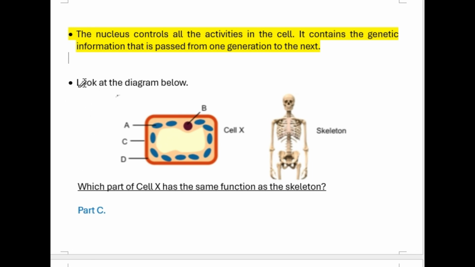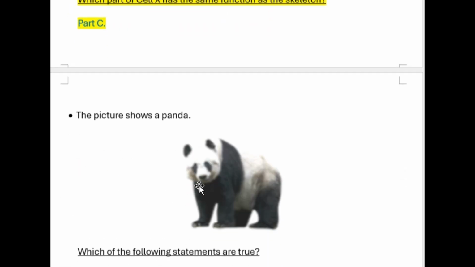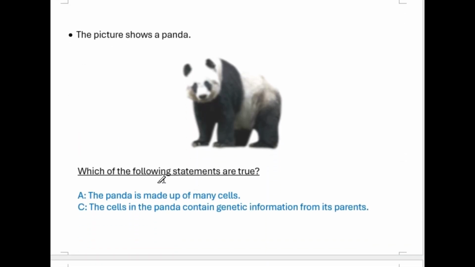Look at the diagram below. Which part of cell X has the same function as the skeleton? Part C. The picture shows a panda.